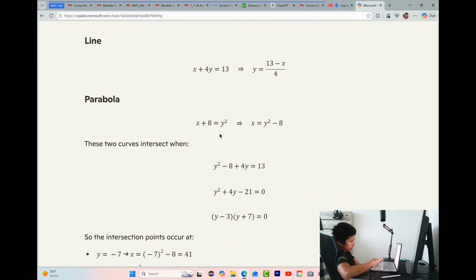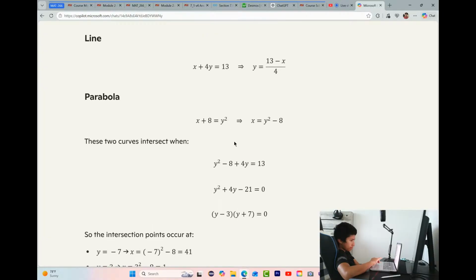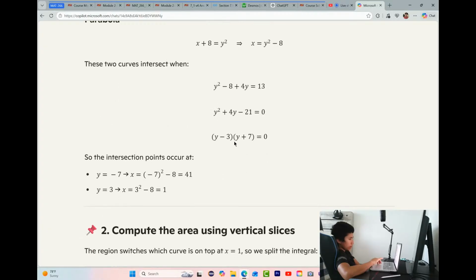We got that. y squared x. Oh, why are we solving for x though? Okay, oh, so 3 and 7, and negative 7, whoops.